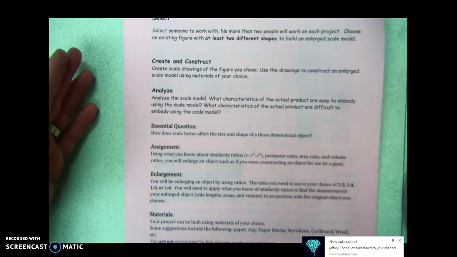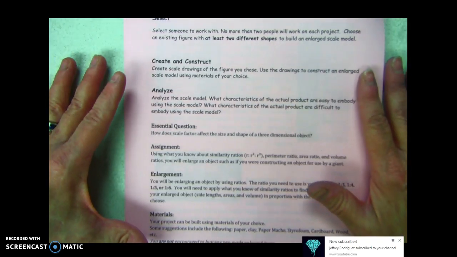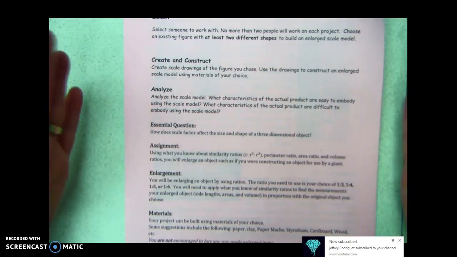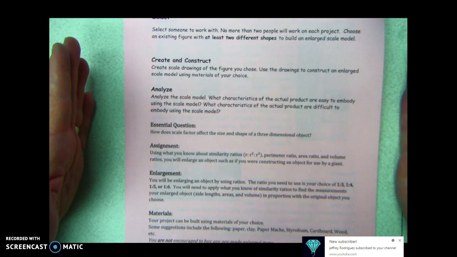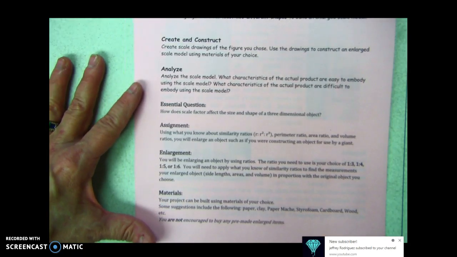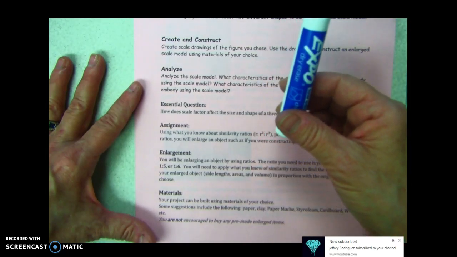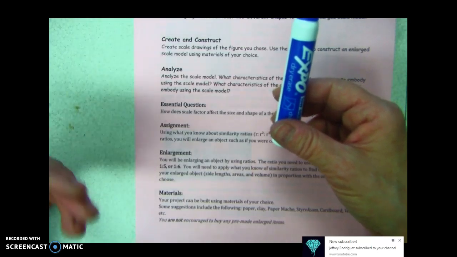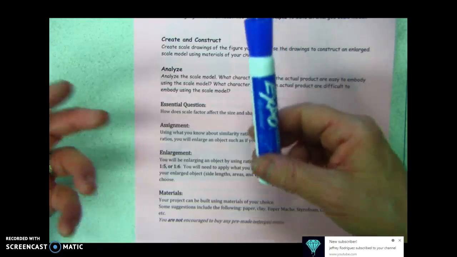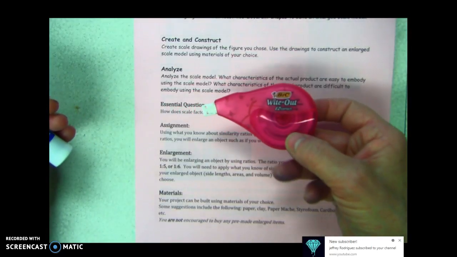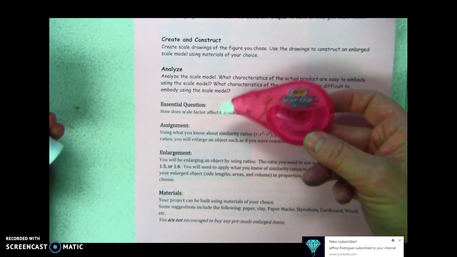Okay, so what you guys are going to do is, the first thing you're going to work on today is figuring out what you want to create. And you will be picking something. For instance, go with dimensions that are more block kind of dimensions. They're easier to make bigger. I was going to grab something like this, which you can see that would be difficult.